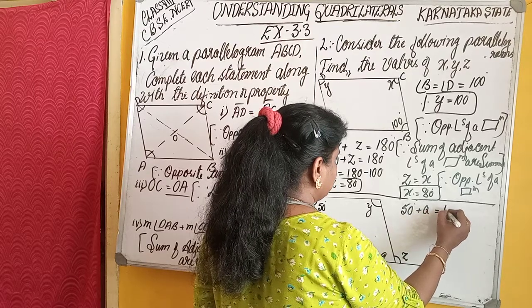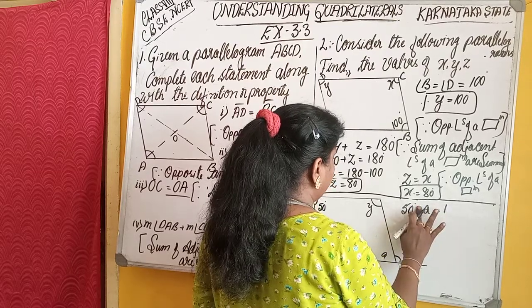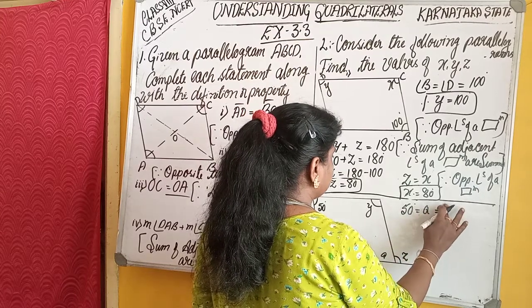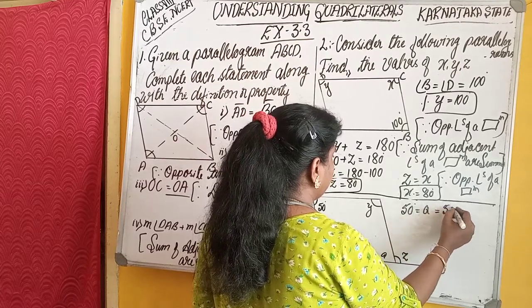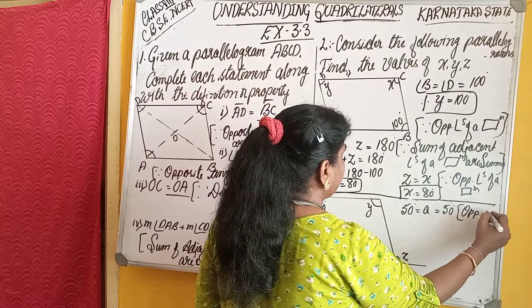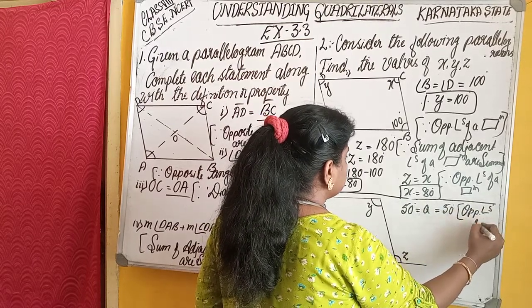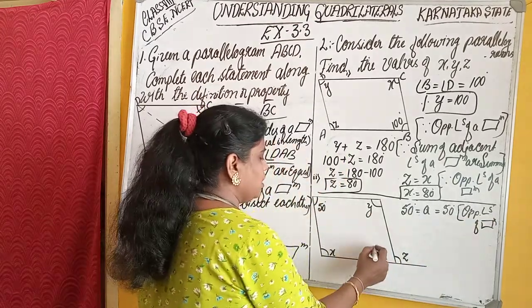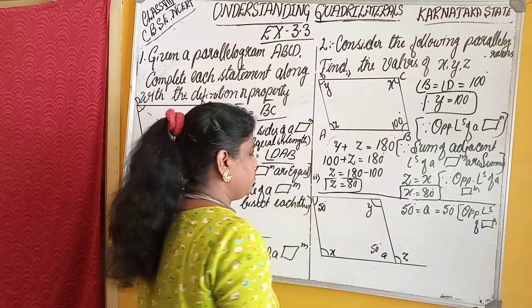A is equal to 50 degrees, because opposite angles of a parallelogram are equal. Okay. We came to know that here the value is equal to 50 degrees.